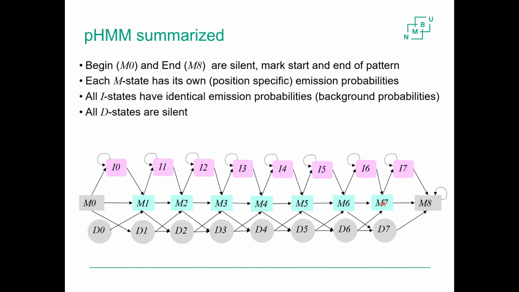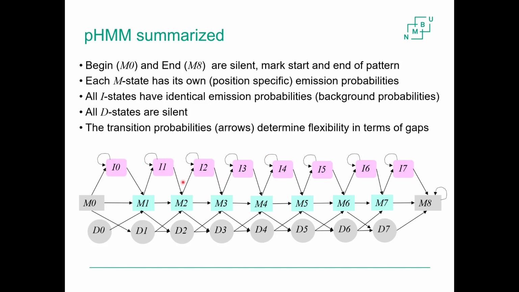That's the whole idea. All the D states are silent. They produce nothing. That's the gray boxes here. The blue boxes are position-specific emissions, while the pink ones are the extra symbols that are also producing something, but with exactly the same probabilities all the time.